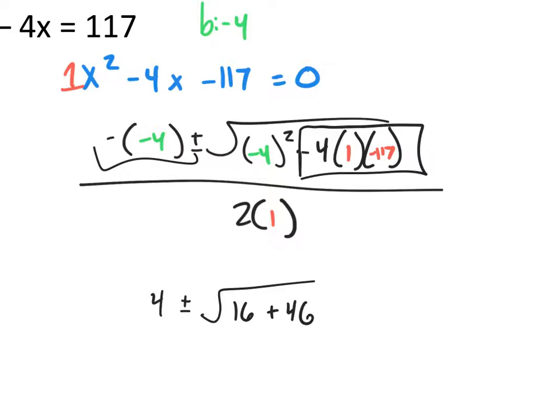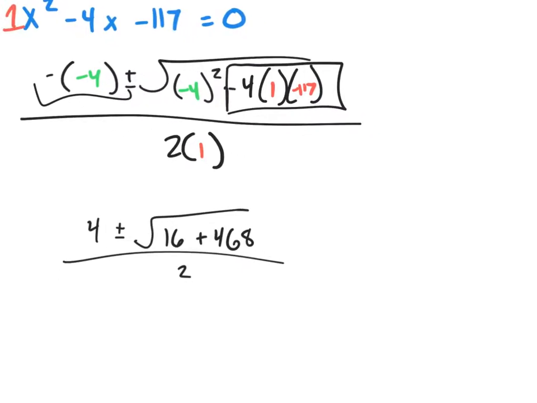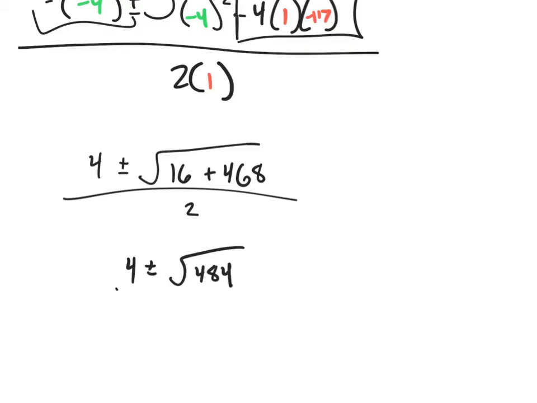And the 4 times the 117 gives us 468. So then we'll have 4 plus or minus the square root of, and when we add 16 onto that, we get 484, all over 2.